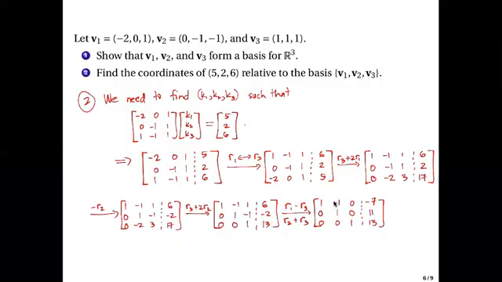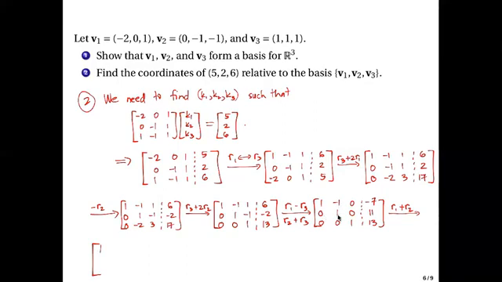And finally, the last step, we have to make this 0. So we just add row 1 and row 2. So row 1 plus row 2 will have 1 plus 0, that's 1.